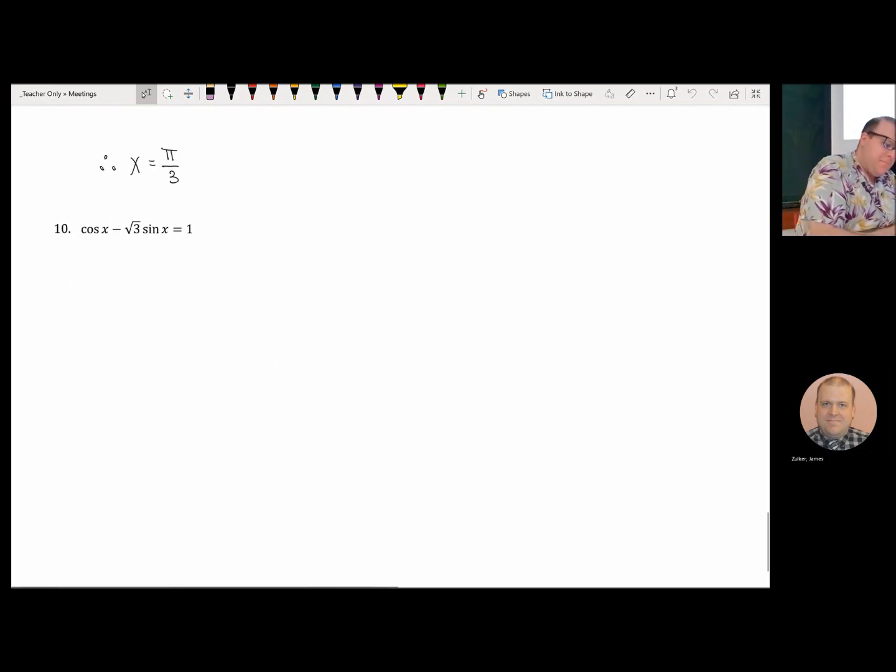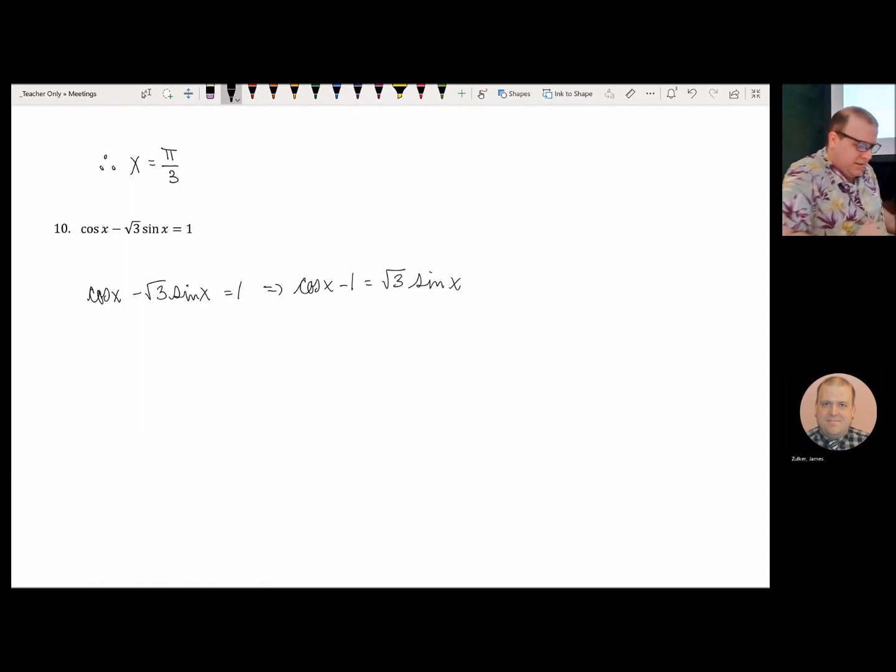All right, so cosine minus root 3 sine is equal to 1. That's cosine minus 1 is equal to root 3 sine. Well, now we're going to do something very similar.